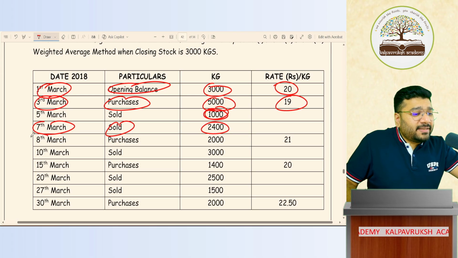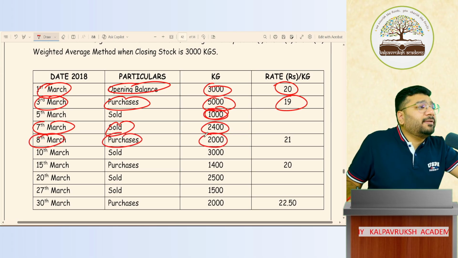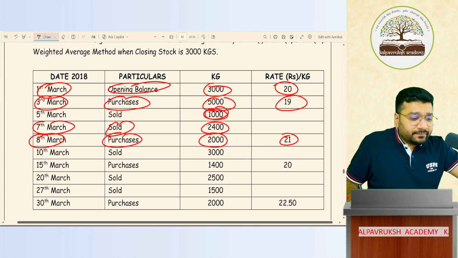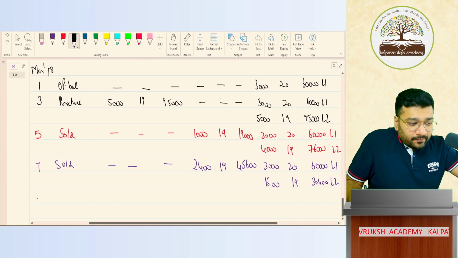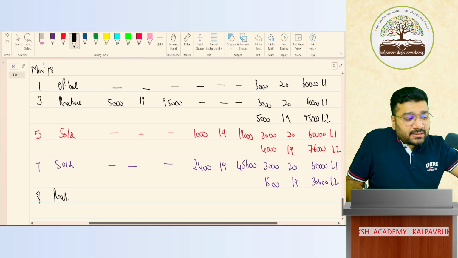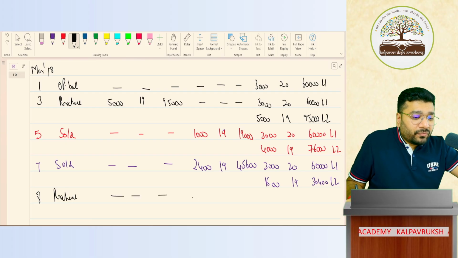Now, next is 8th March, purchase 2,000 kg at 21. How much? Fast, fast, fast. 42,000. So how much is stock now? First lot 3,000 into 20, 60,000.